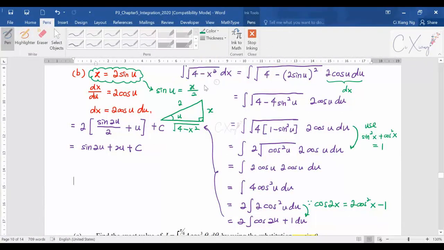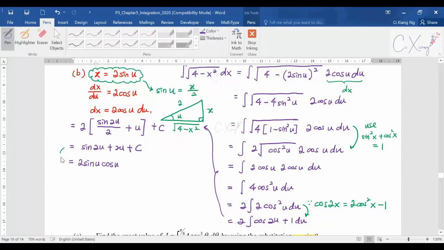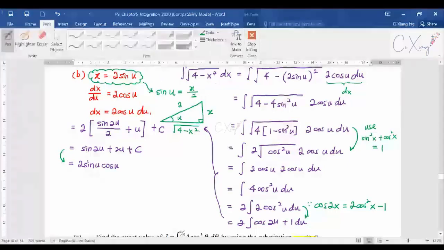So again, sine 2u. You are having the triangle with the angle u, there's no 2u here. Therefore, for sine 2u, I want to expand it using the trigo identity. You can expand it to become 2 sine u cos u. Again, this is the double angle formula for sine 2u.